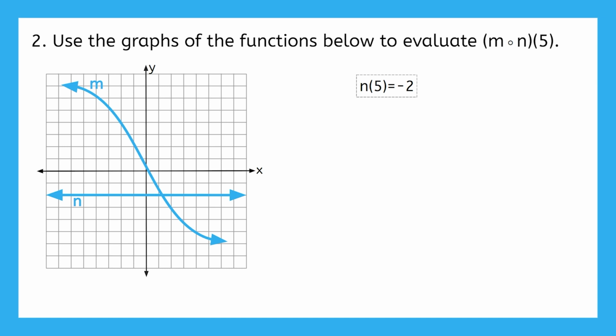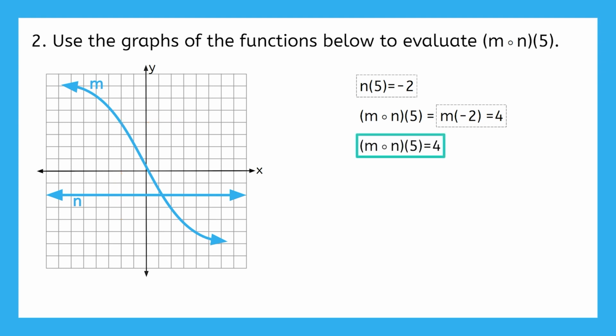Next, I evaluate m of n of 5, and I can use the output for n of 5 to rewrite this as m of negative 2. And if I input negative 2 on my graph, I find that the output for function m is 4. So m of negative 2 is 4, which means that m of n of 5 is 4. Nice work.